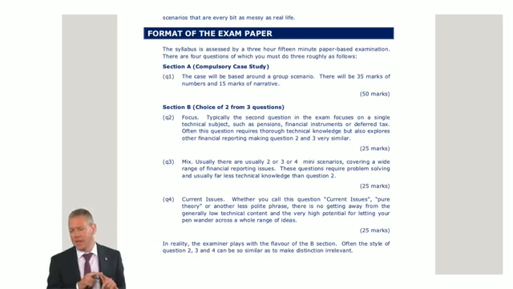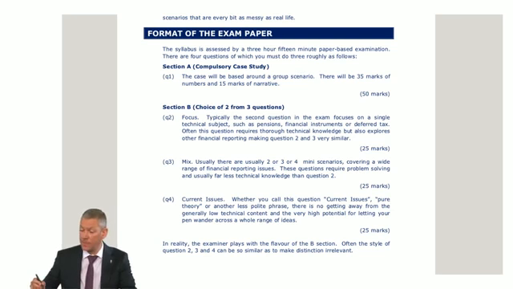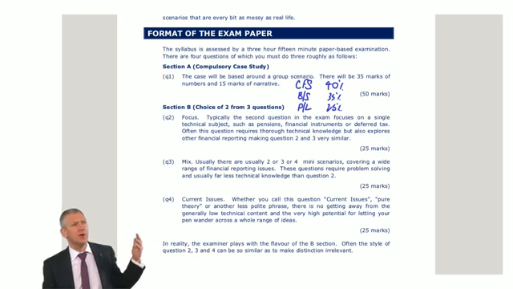And roughly speaking, I'm going to suggest to you the probabilities are something of the order of CFS, balance sheet, P&L, something like 40%, 35%, 25%. But you can see that they're not too far off a third each. So make sure you get ready for all 3.